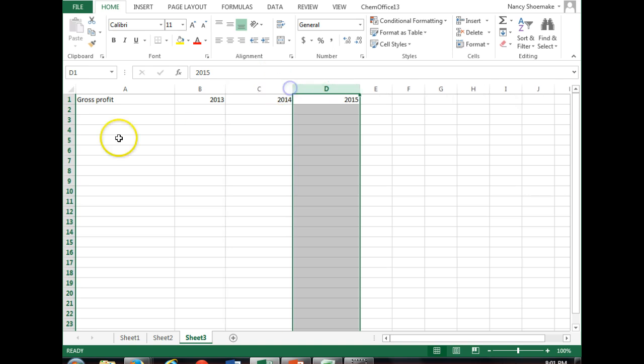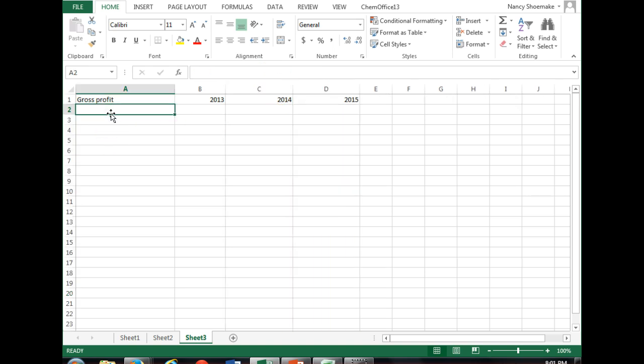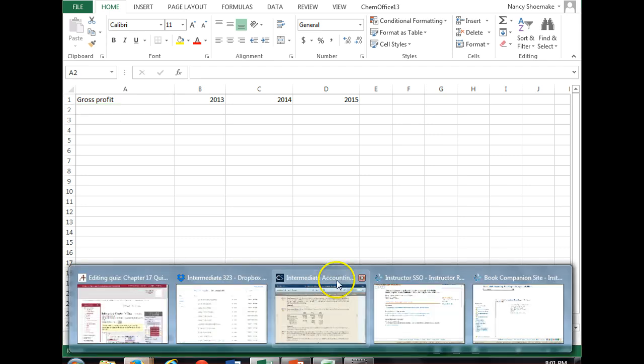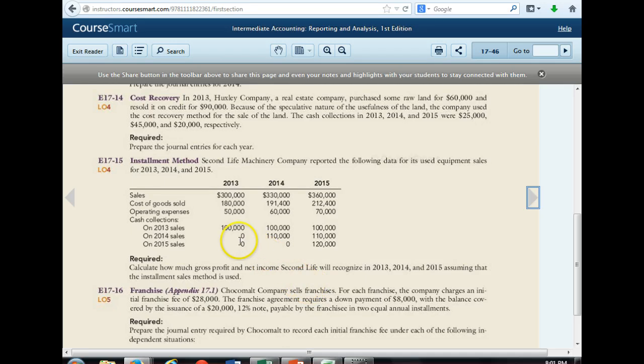Okay? So we've got here, in 2013, cash collections. We've got sales of 300, cost of goods sold 180.